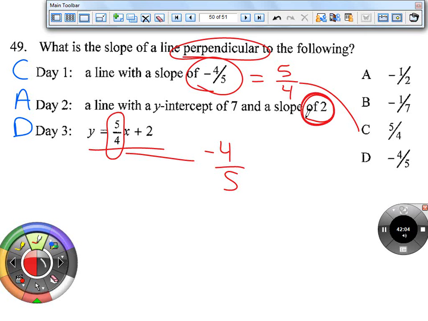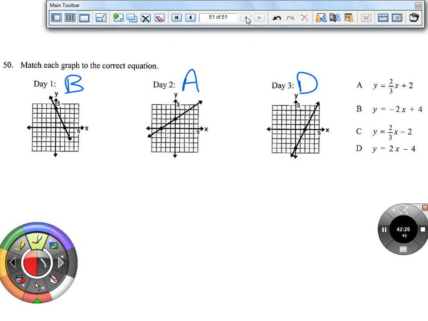So if it has a slope of 2, right now it's 2/1. So if it was perpendicular, then it'd be negative 1/2. We'd have to flip it and change the sign. Okay? Remember that. Parallel lines have the same exact slope. Perpendicular lines have a negative reciprocal slope or opposite reciprocal slope, however your teachers are showing you that.